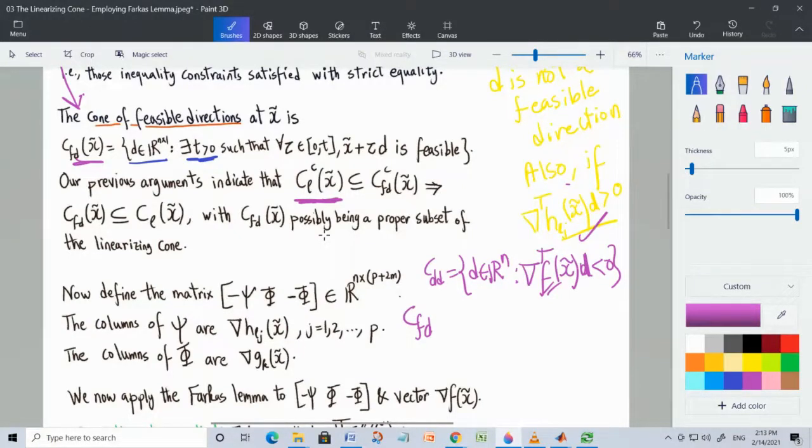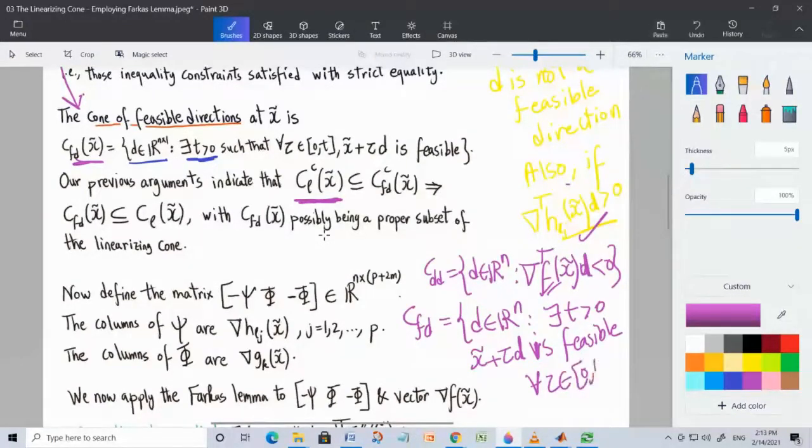For the cone of feasible directions, the focus is the constraints, and it gives you the directions such that there exists t greater than 0 and x tilde plus tau d is feasible for every tau between 0 and t. So these are the directions you move into and remain inside the feasible set.